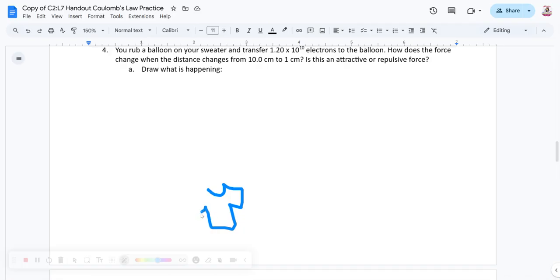I have a short sleeve sweater, that's okay. And we also have a balloon. After we rubbed the balloon on the sweater, it says that 1.2 times 10 to the 10th electrons moved over. They moved from the sweater to the balloon.